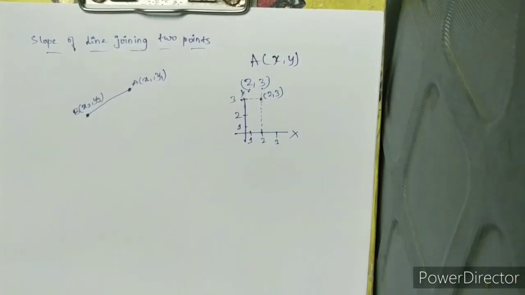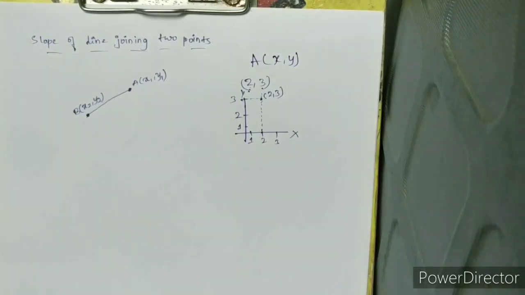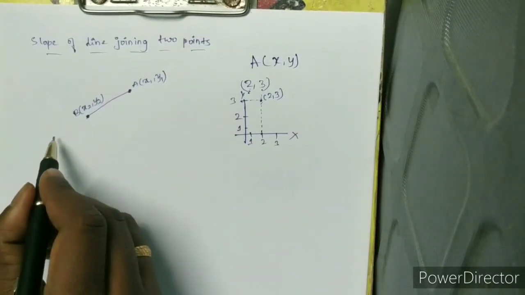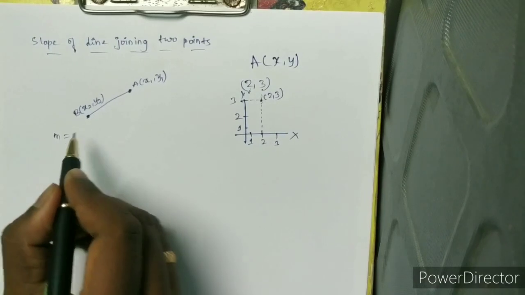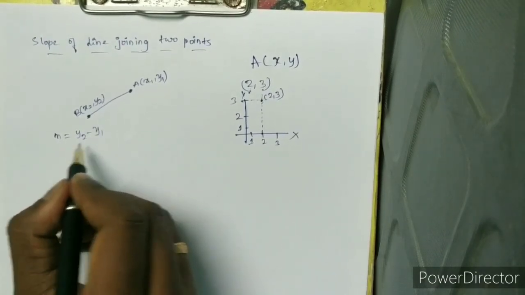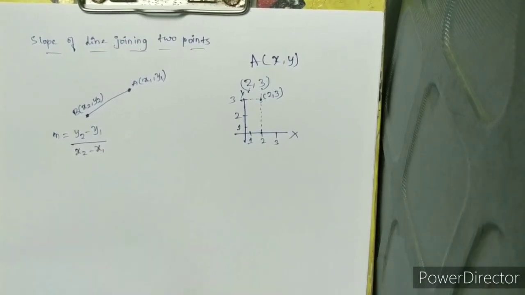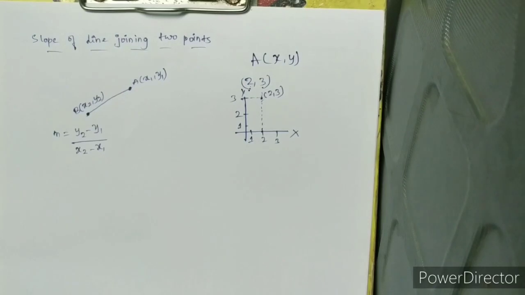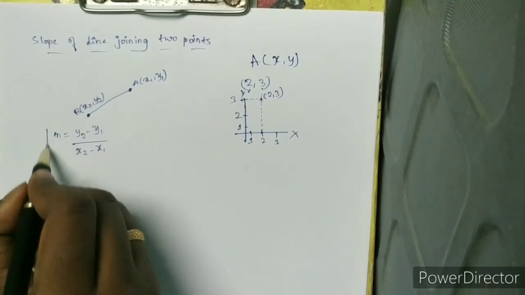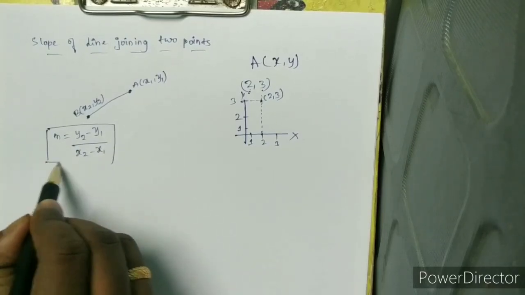If I have to find the slope of this line, I have a formula straight away, that is m is equal to y2 minus y1 by x2 minus x1. This is the formula for the slope of the line joining 2 points.